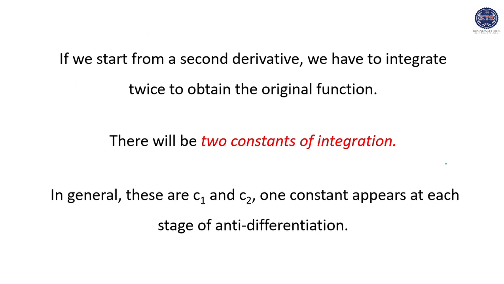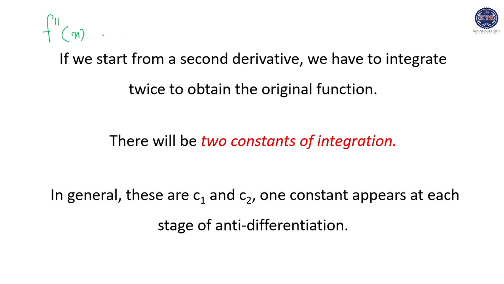Okay, moving on. Okay, this time kita bagi another level of finding the constant. If we start from the second derivative, we have to integrate twice to obtain the original function. Apa maksud soalan ni? Okay, katakanlah dia bagi kita f double prime.